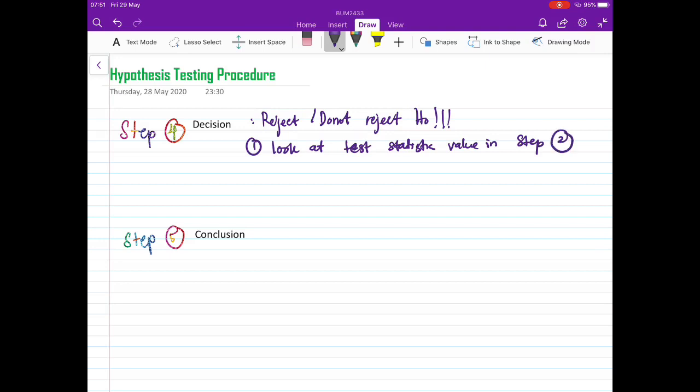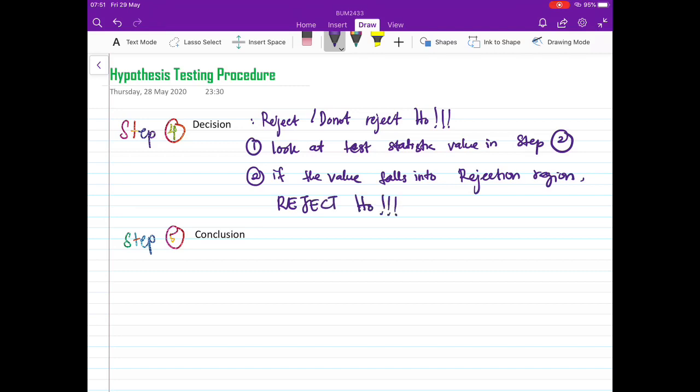So look at the value of the test statistic in step 2. If the value falls into the rejection region in your step 3, you have to reject H null.